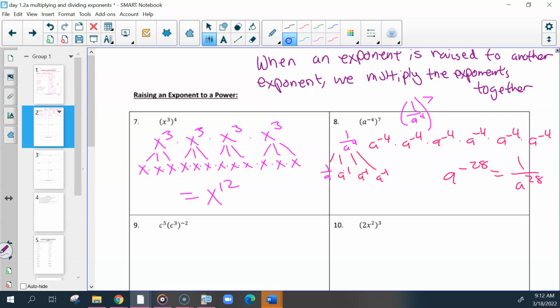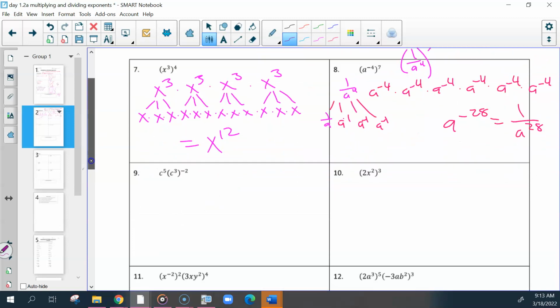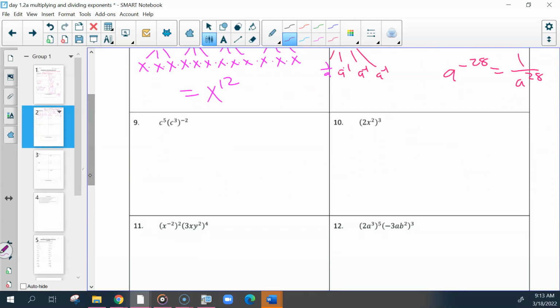Let's move on to number 9. Does anyone still need this? For number 9, you have like bases and you're raising an exponent to another exponent.